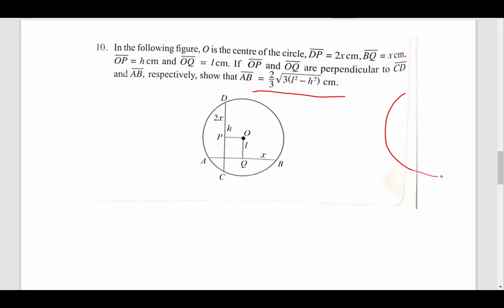So if you are having a circle like this one, two intersecting chords, okay, so you have A, B, C, D, for example.